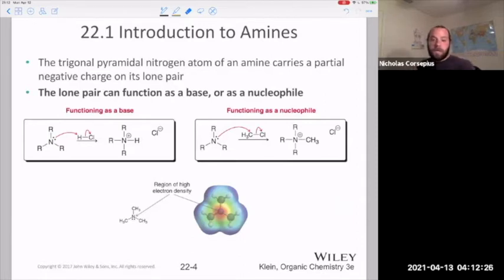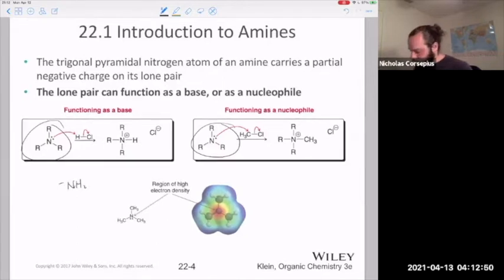It is by no means as good a nucleophile as oxygen in certain cases, and certainly not as good as the amide ion where you have that negative charge. But even as a neutral species, it can behave as a nucleophile. Moderate nucleophile, can behave as a base, moderate base.